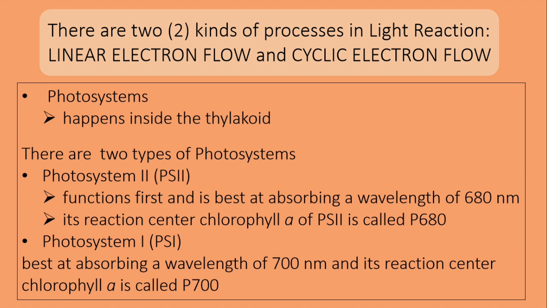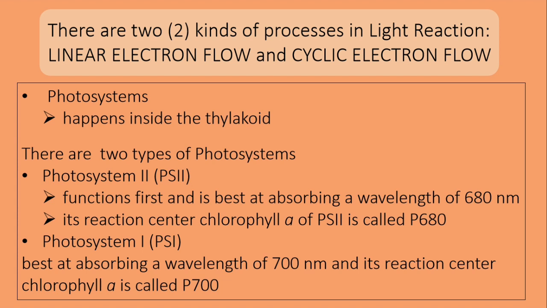Photosystem 2 or PS2 functions first and is best at absorbing a wavelength of 680 nanometers. Reaction center chlorophyll A of PS2 is called P680. Second is photosystem 1 or PS1.